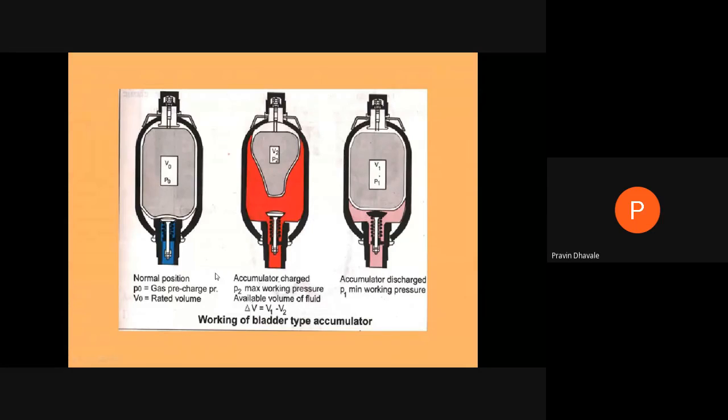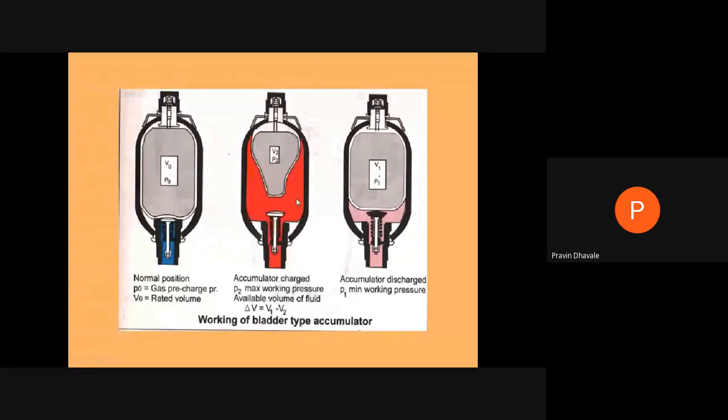When we supply pressurized fluid from the pump, what happens? This valve is lifted, and the pressurized fluid enters the accumulator space. As the pressure of the fluid goes on increasing, it forces the bladder from the original position to this position.